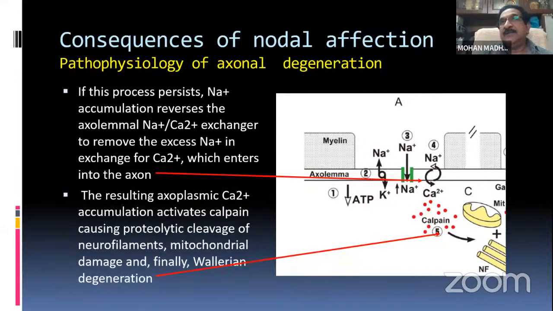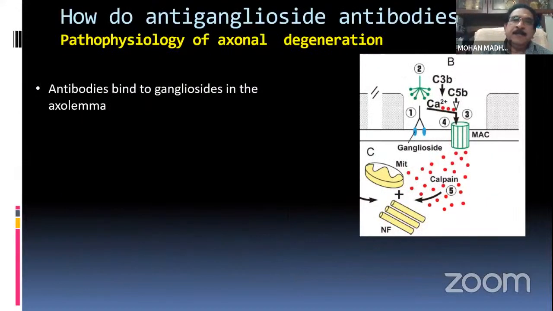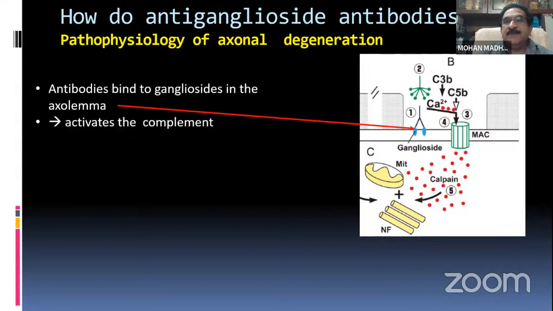So this is how the nodal or paranodal pathologies can result in both conduction block and axonal degeneration. Most of these nodopathies and paranodopathies are due to the antibodies which bind to the gangliosides in the axon. Now, how does this produce it? The antibody activates the complement.